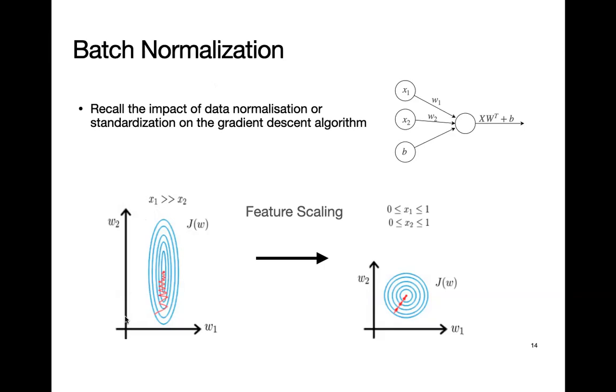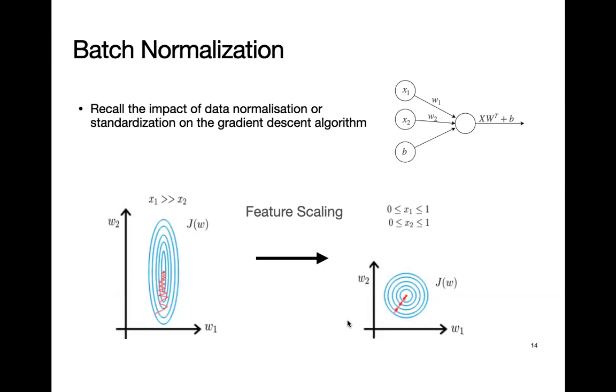Your model can take more steps to reach that objective. But when we apply feature scaling, the contour plots of your loss functions look more round like this. And if you check how long it takes to move from one position to the center of this contour, it takes way less time, okay? So data normalization or data standardization is used to speed up the training.